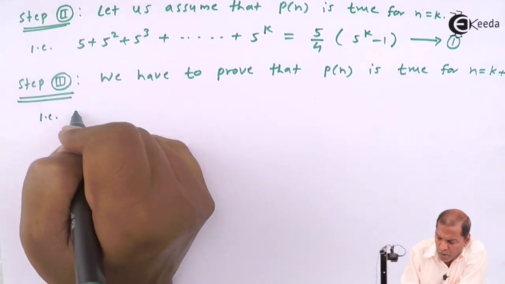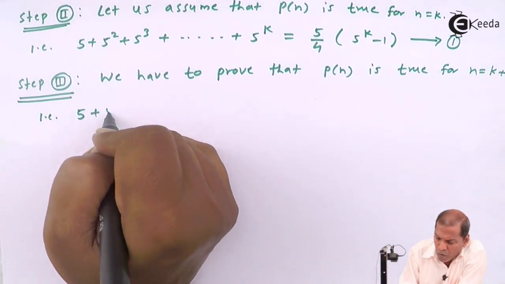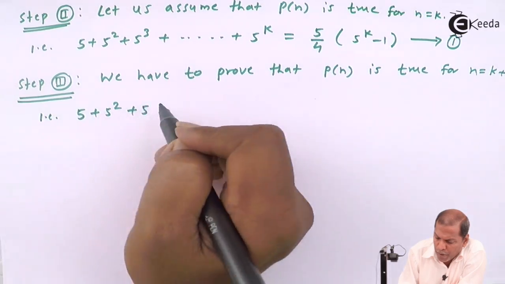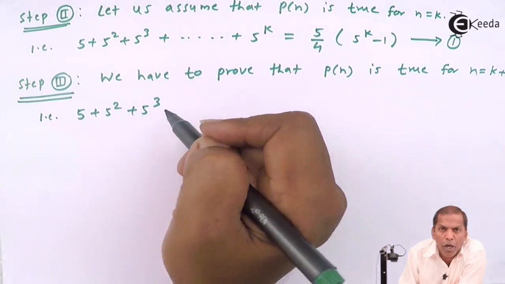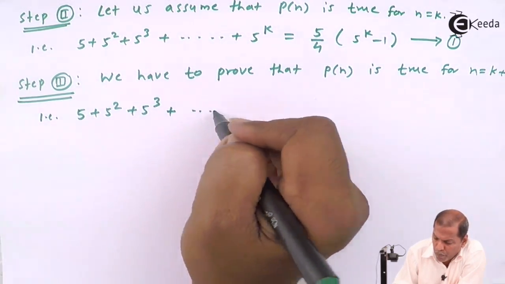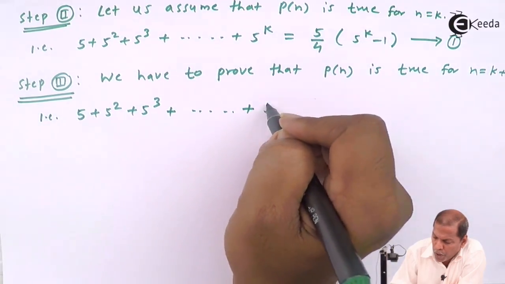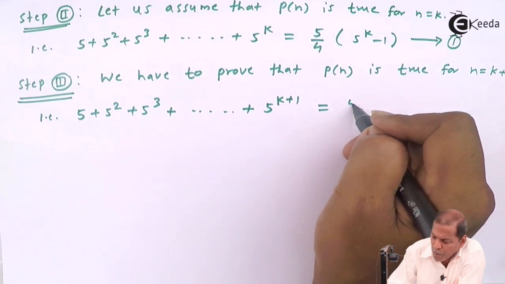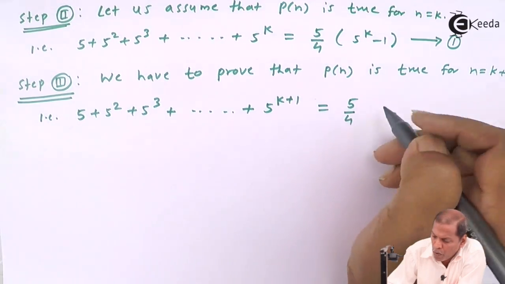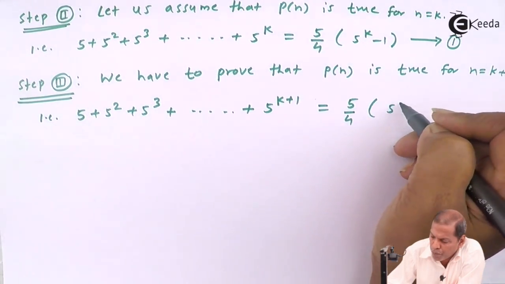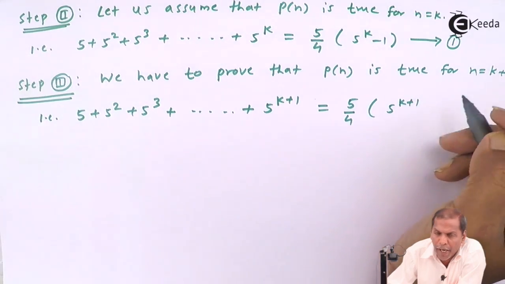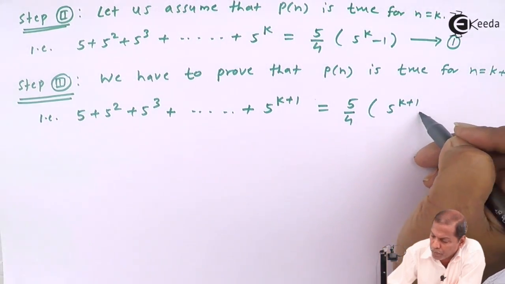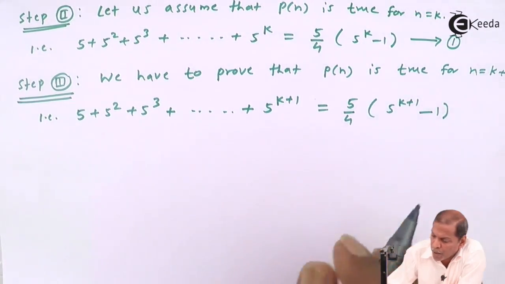That is, 5 + 5² + 5³ + ... + 5^(k+1) = 5/4 (5^(k+1) − 1).